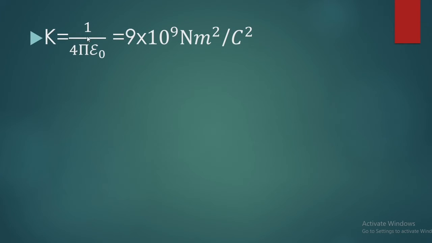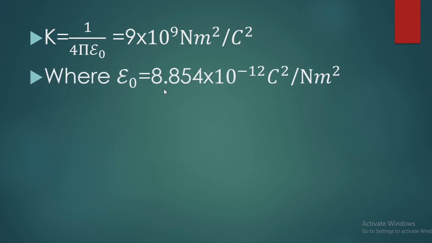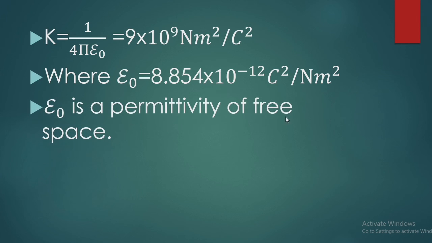So K equals 1 over 4 pi epsilon naught, whose value is equal to 9 into 10 to the power 9 Newton meter square per Coulomb square, and the value of epsilon naught is 8.854 into 10 to the power minus 12 Coulomb square per Newton meter square, and epsilon naught is known as permittivity of free space.